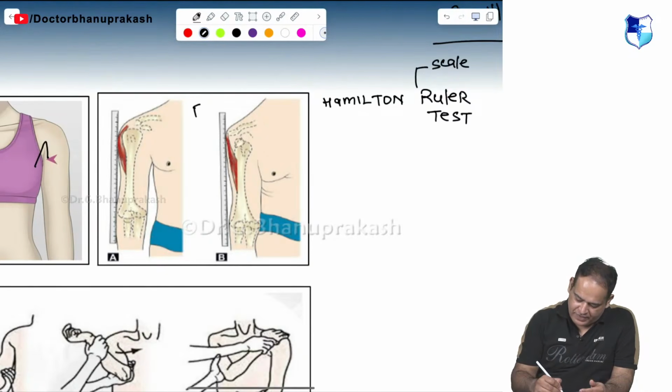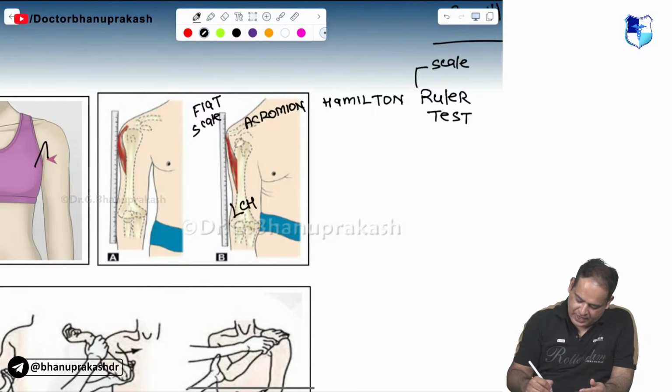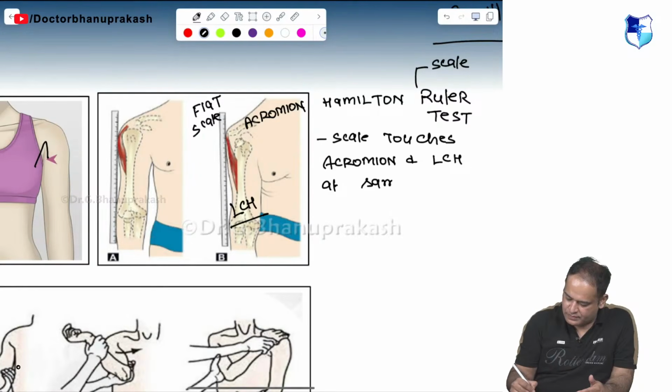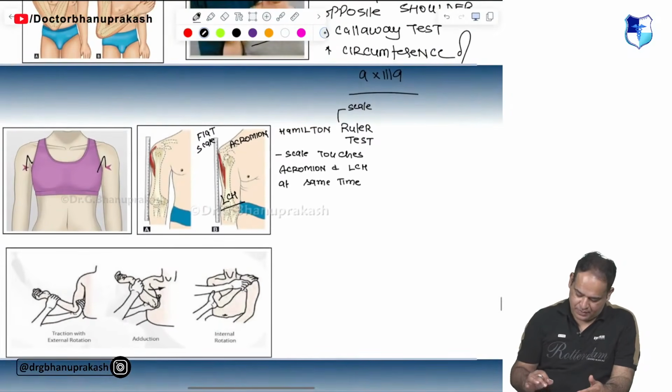So if you place a flat scale, scale will touch the 2 points, acromion and lateral condyle of humerus at the same time, right?